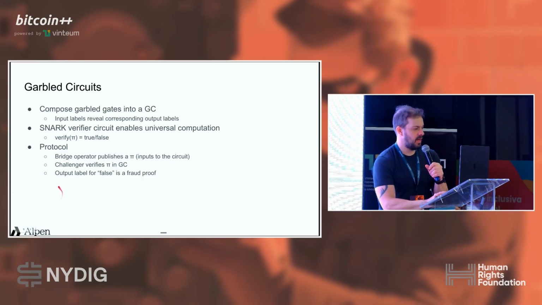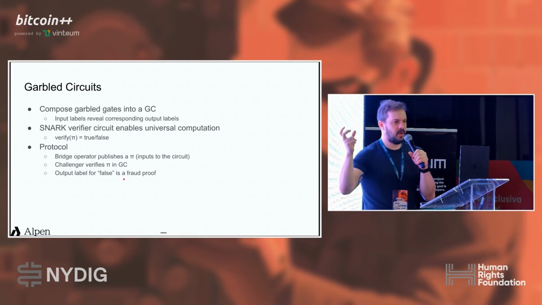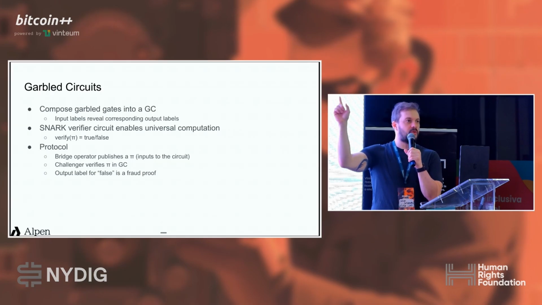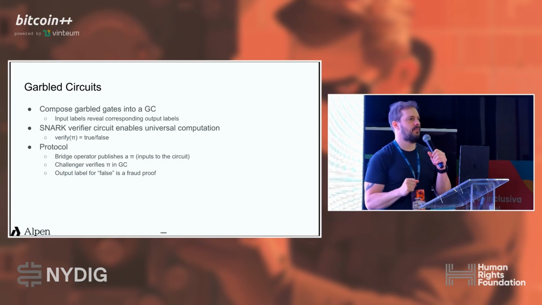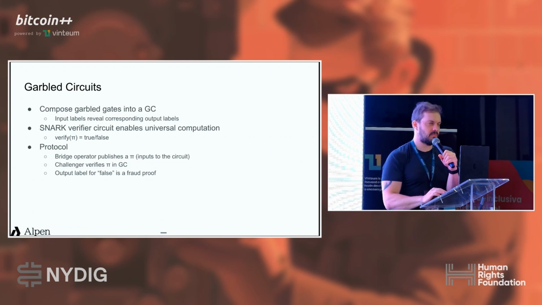The output label for false is the fraud proof. So if somehow you feed a false proof through this garbled circuit, it will output a secret that you can use to slash me on-chain, because that proves that I am a faulty operator or faulty member of the protocol.